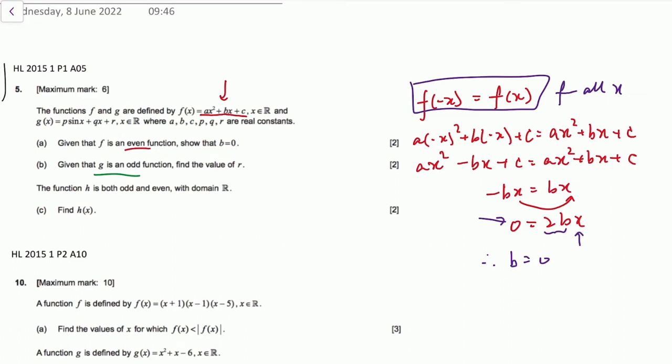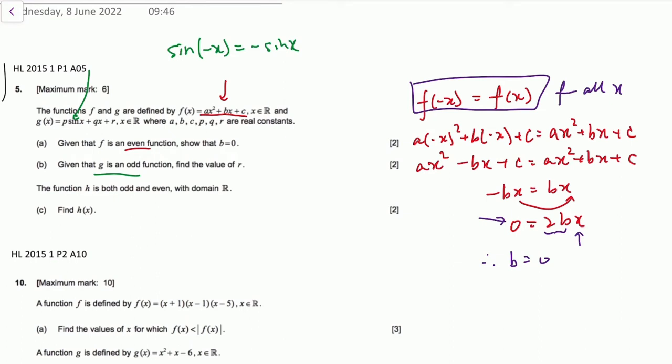Now this is where, if you haven't learned trigonometry, there's something that you need to know. Turns out sine x itself is odd. It happens to be true that sine(-x) is negative sine x.